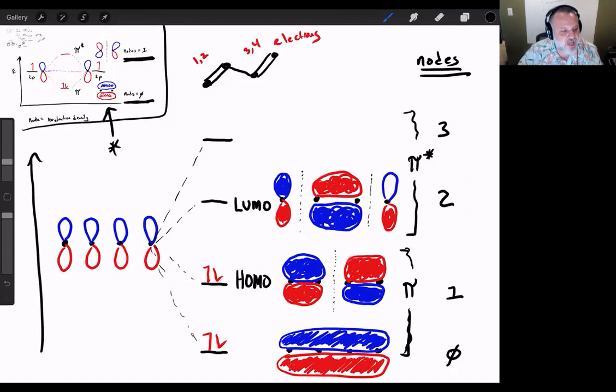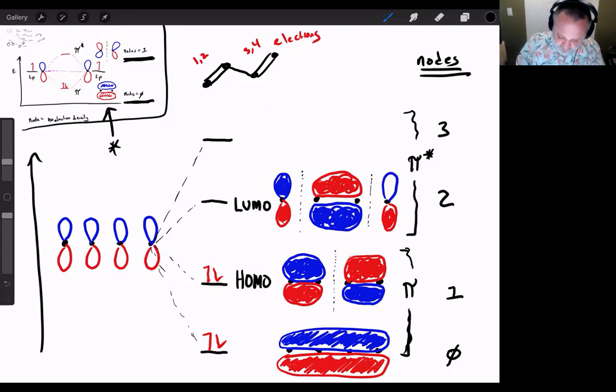What I mean by highest is it's the highest energy orbital where there's electrons. So that's the HOMO. What I mean by the LUMO is the lowest unoccupied molecular orbital, the lowest in energy where there aren't electrons. And so that's what a LUMO is.